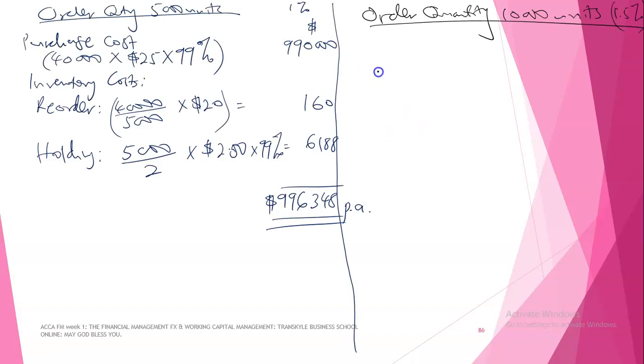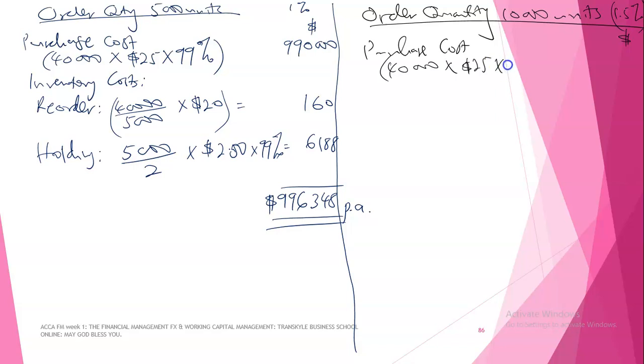So, what's the purchase cost? The purchase cost, okay, in dollars, the order, the demand is 240,000. Okay, multiply by the purchase price of $25, multiply by the discount.